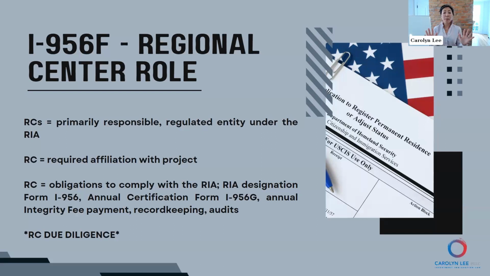However, this is a complex area that needs to be carefully looked at in the course of regional center due diligence, because there have been other developments on top of this, like the requirement to file the annual 956G with some open questions still remaining, and the very clear requirement to pay the annual Integrity Act fee, without which the regional center would be terminated.